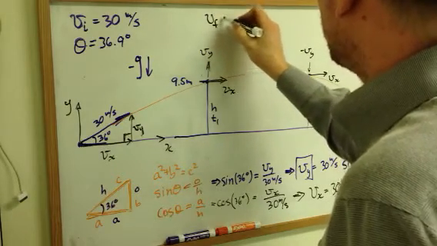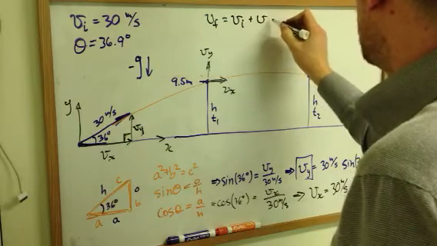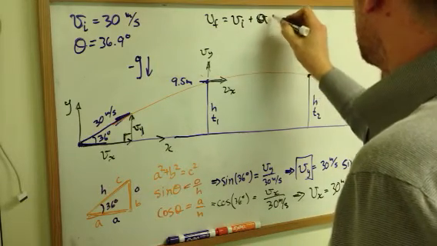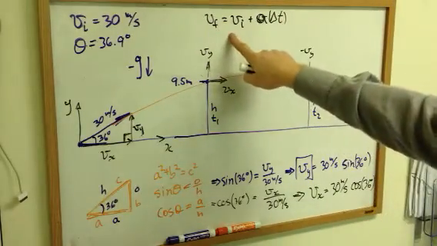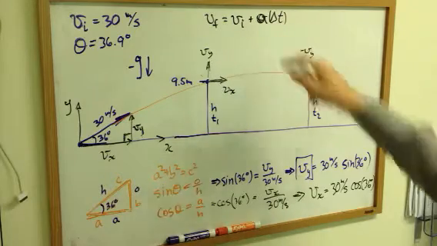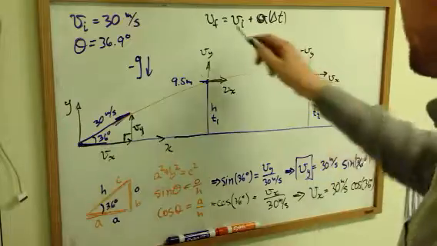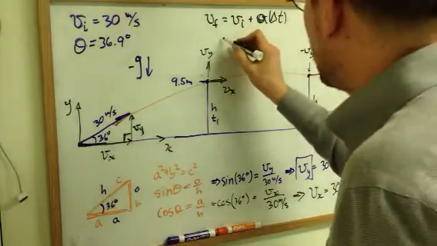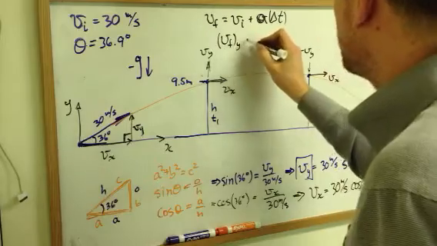V final is equal to V initial plus acceleration times time. So your final velocity is equal to your initial velocity plus how you accelerate through time. The final velocity is what we're trying to calculate, and let's remind ourselves that it's in the y direction.